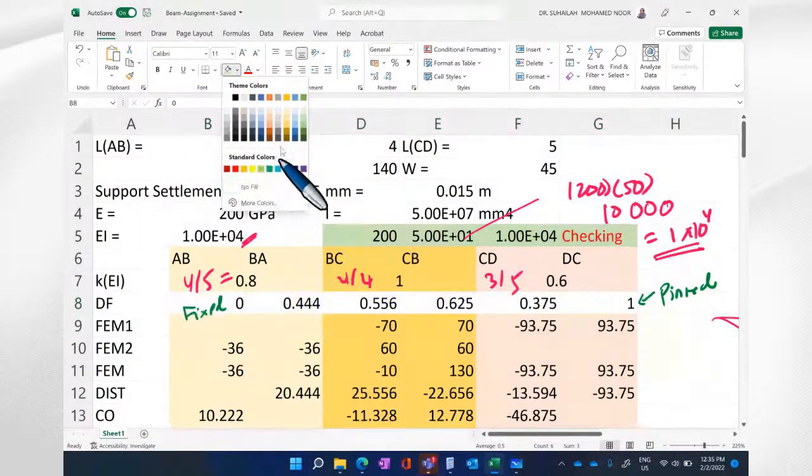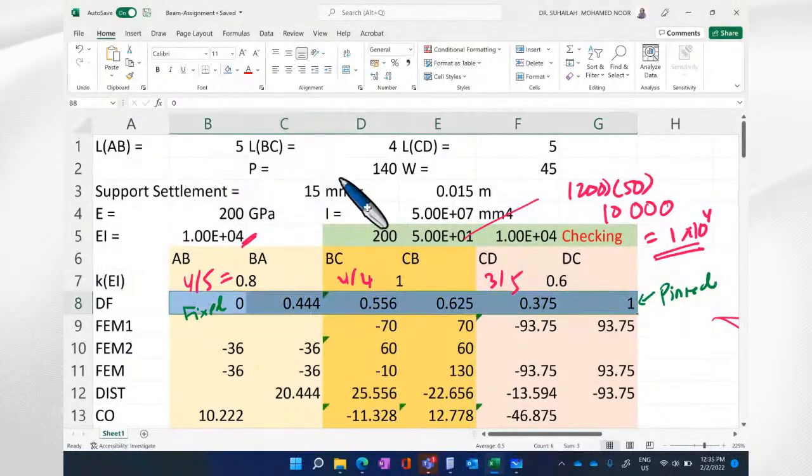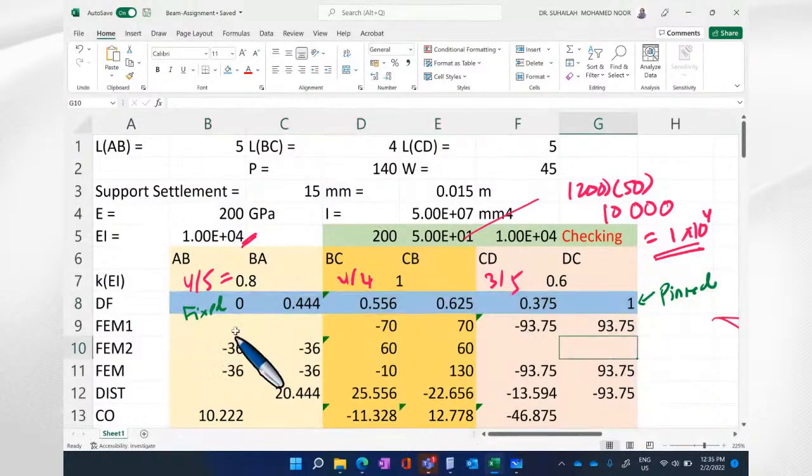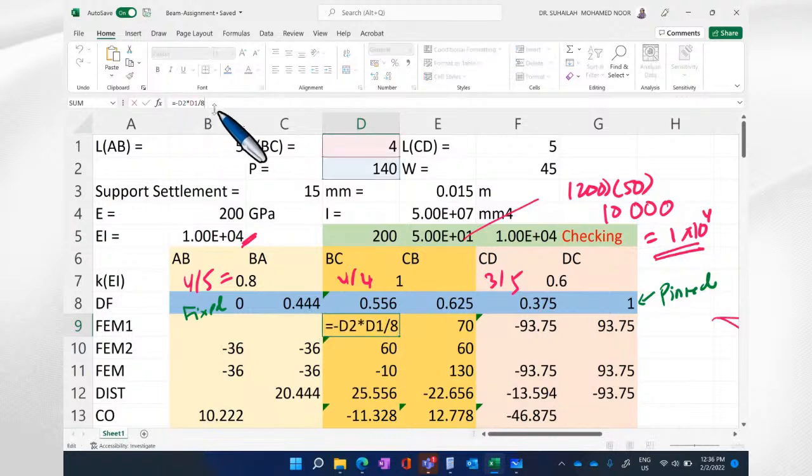For the fixed end moment, there is no fixed end moment value for member AB because AB has no external loading on the member. For member BC, the formula is PL over 8.